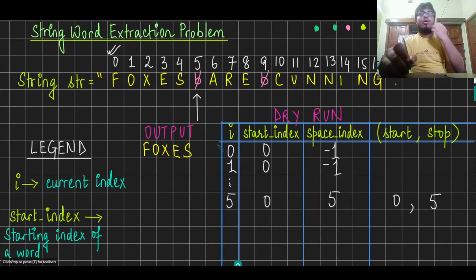Now, what is the index from where the second word starts? Well, that's 6, isn't it? And how do we arrive at 6? From space index +1. So therefore, the start index will be set to the current space index +1. This is the index from where the right word begins. Okay? So this will be 5 + 1, 6.